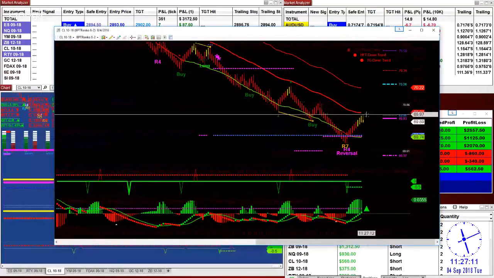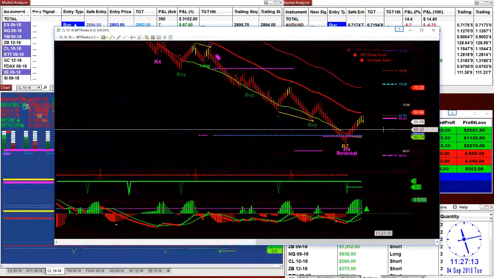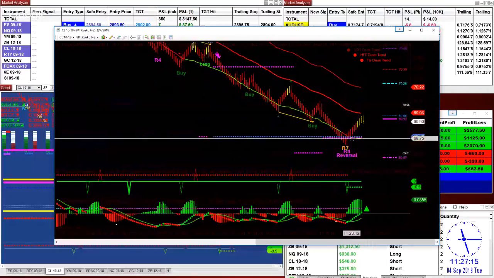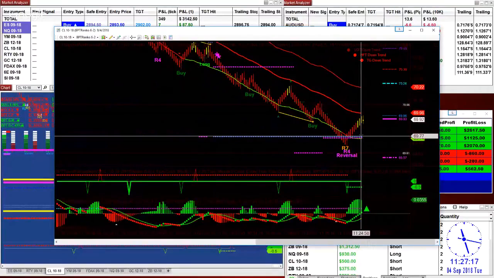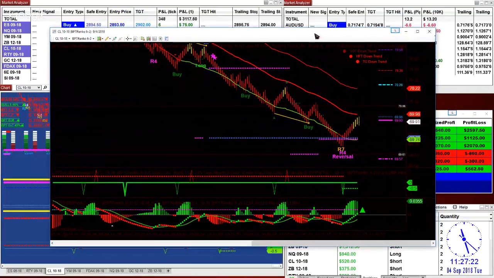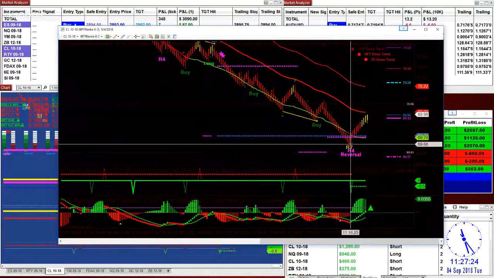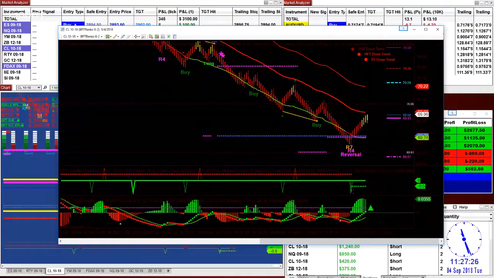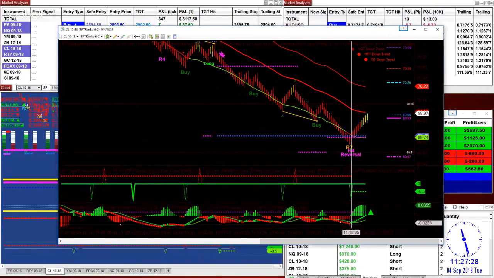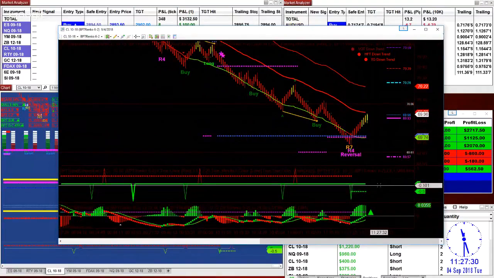Right in line with the mid-band, pulling back. Beautiful game. So you can see it's out of the band. One signal, two signals, they all speak the same language.